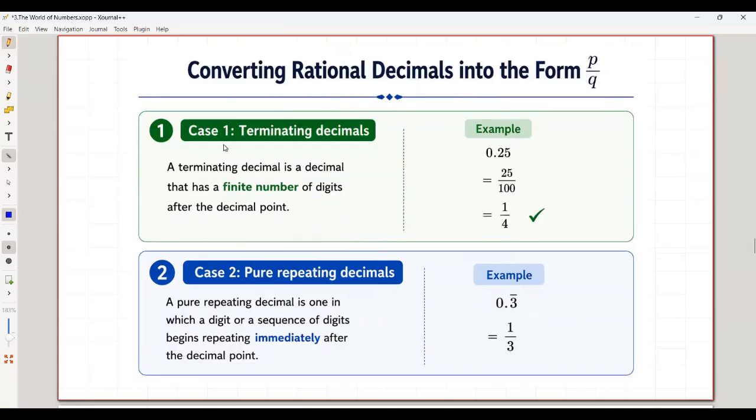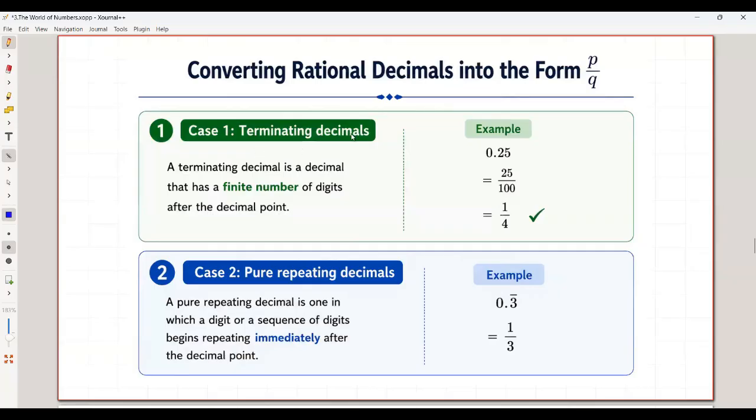So we have 3 cases. First one is terminating decimal. Terminating decimal means it has an end. A terminating decimal is a decimal that has a finite number of digits after the decimal point.